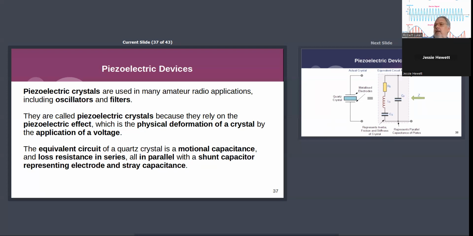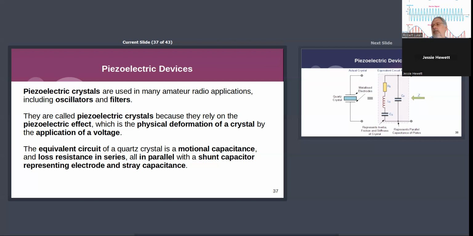The equivalent circuit is what they call motional capacitance, because as it physically moves and changes shape, the capacitance changes between those conducting plates on either side of it. There's some resistance, so you've got some series loss.